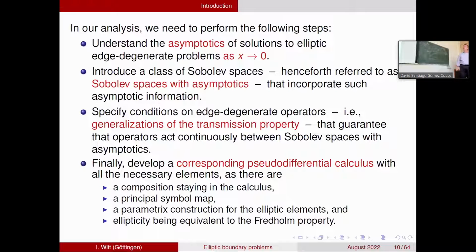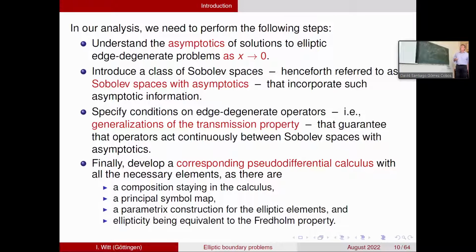So, okay. What do we have to do? The asymptotics: the solutions near the boundaries have certain asymptotic expansions in powers of x, where x is the distance to the boundary.